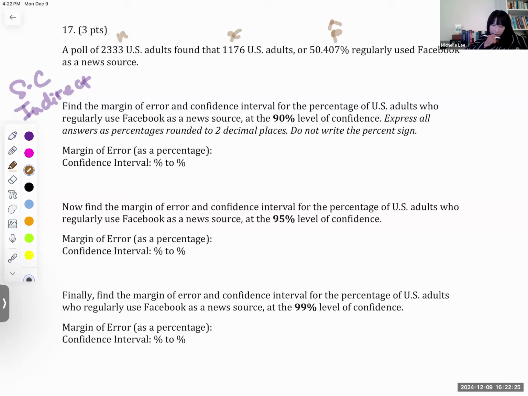Then in the case of 90%, let's do it. Round the percentage to 2 decimal places.